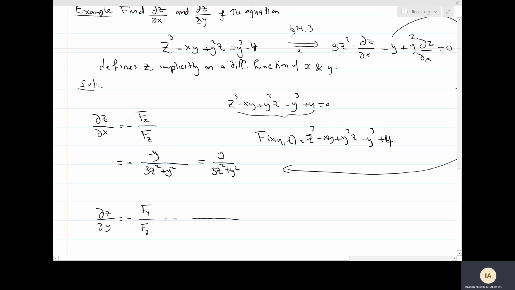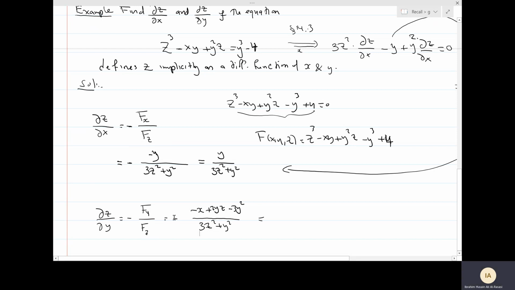So z cubed with respect to y is 0, minus xy with respect to y is minus x, y squared z with respect to y is 2yz, minus y cubed with respect to y is minus 3y squared, plus 4 with respect to y is 0, over f sub z. It was calculated in the previous part, so this is the same thing, 3z squared plus y squared.